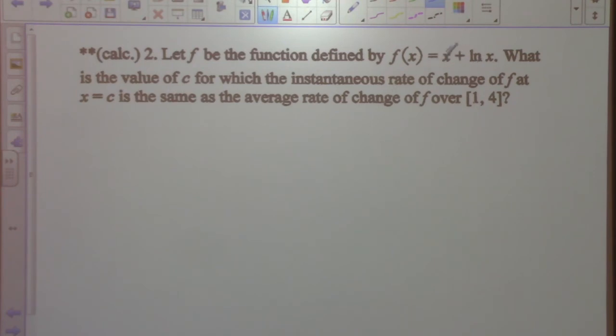And we know f of x equals x is going to be continuous and differentiable where? Everywhere. What about ln x? Where is ln x continuous and differentiable? Is that everywhere? No. Natural log is defined for all positive numbers.